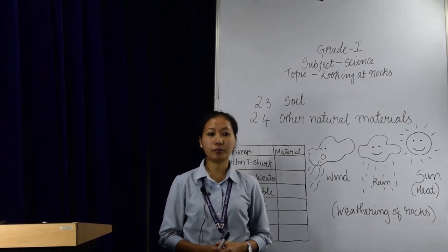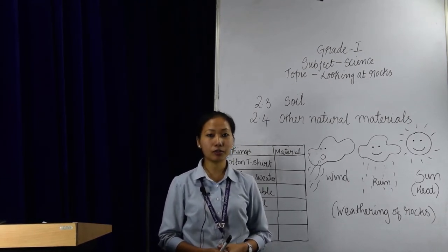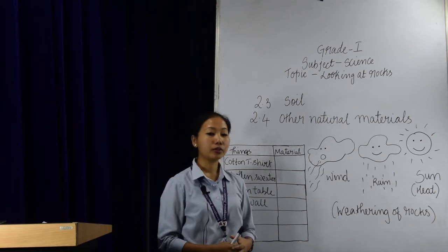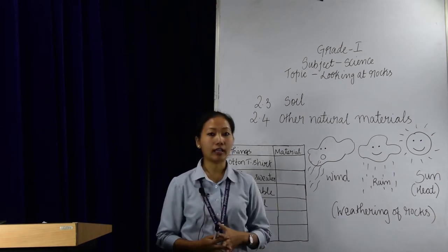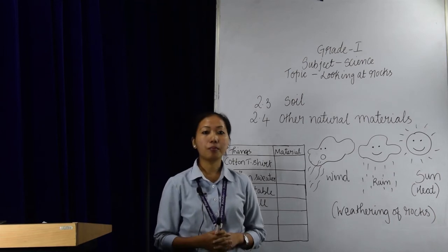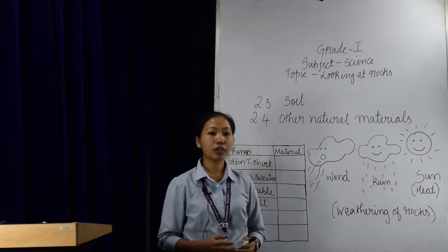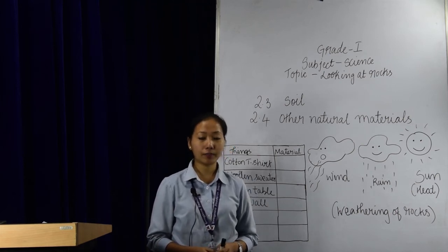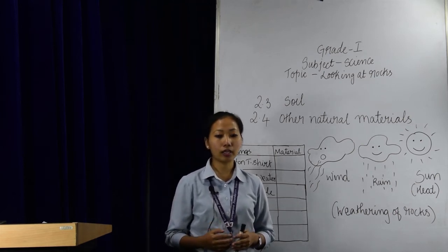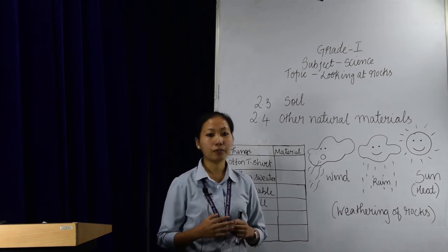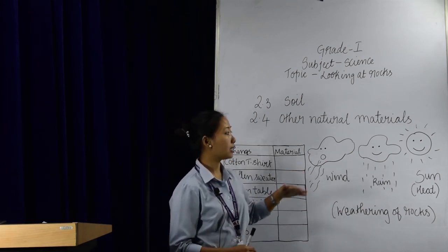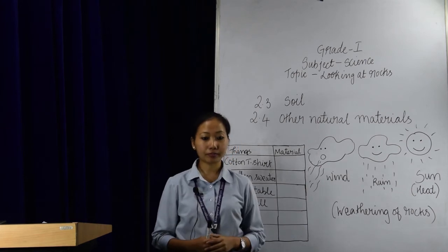Our next subtopic is soil and other natural materials. As we have learned in the previous topic about rocks and the uses of rocks, now we will learn about soil and other natural materials. Most hills and mountains are made from rocks. Huge rocks were found on the earth, and these rocks slowly break into smaller pieces due to the sun heat, rain and wind.